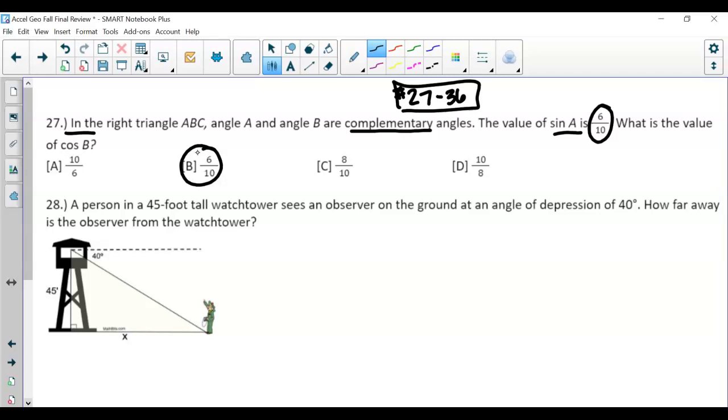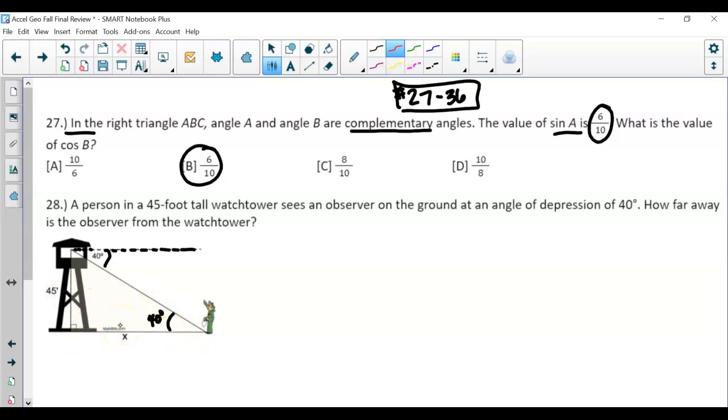So now in 28, here we are given an angle of depression in this problem. So notice how it's right below that line of sight, which is parallel to the ground here. So if our angle of depression here is 40 degrees, then here is also 40 degrees, right, because of alternate interior angles. So now notice we have the opposite, looking for adjacent.